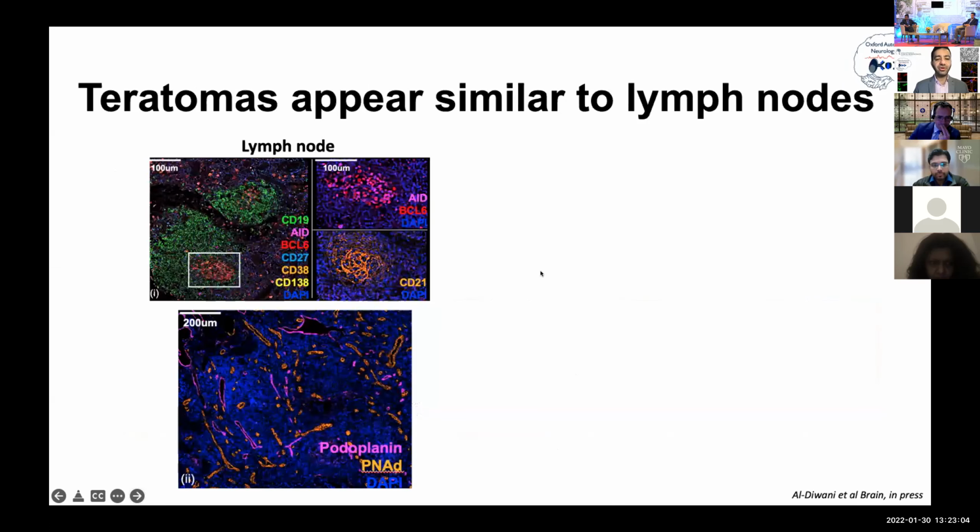And in fact, when you look at this using multi-parameter immunofluorescent imaging, you can see that the teratomas look very similar to conventional lymph nodes.